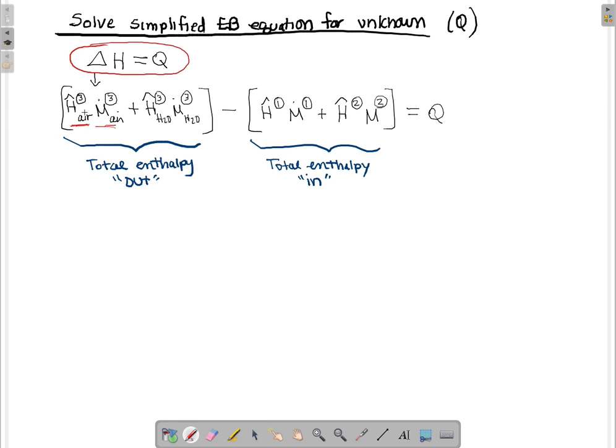So delta H equals Q really means the specific enthalpy of air times the mass flow rate of air in the exit stream, plus the specific enthalpy of water times the mass flow rate of water in the exit stream. This is the total enthalpy out, which I got from the table, 834.7217 joules per minute.